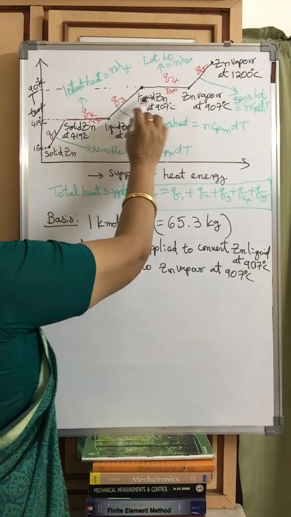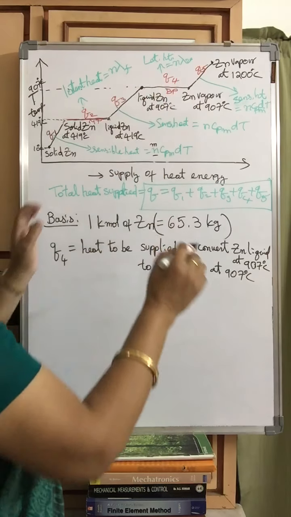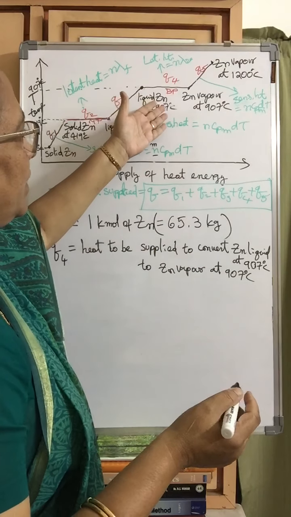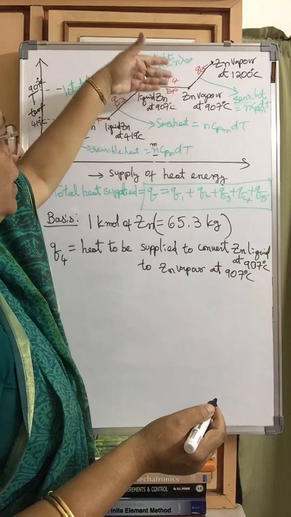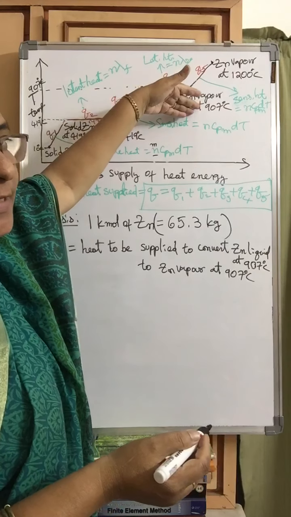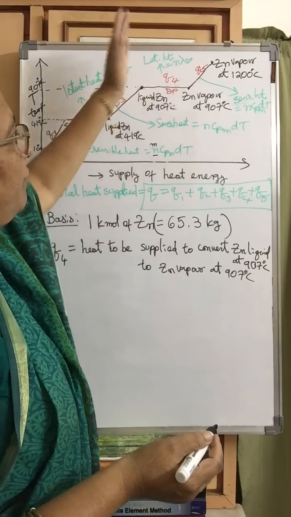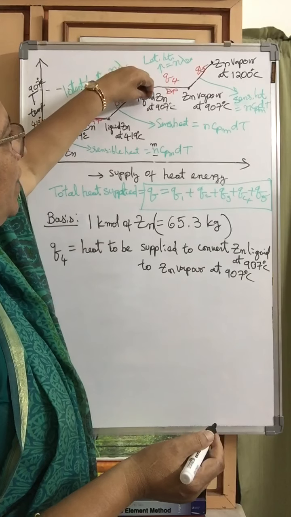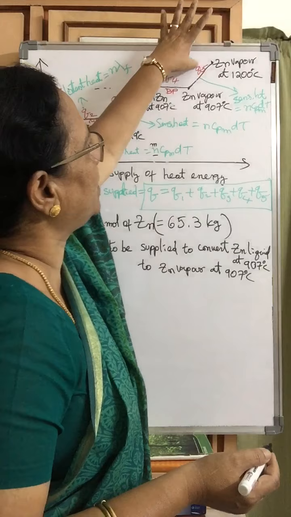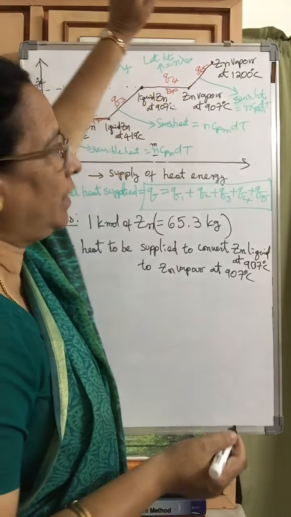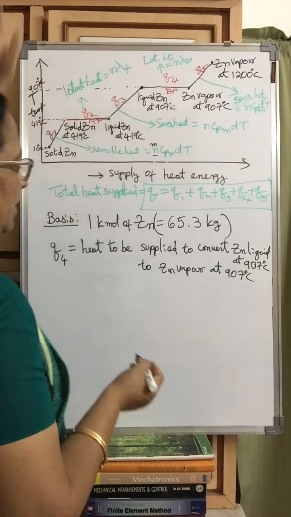Whatever heat we are supplying will be used only to convert from liquid form to vapor form. That is why the thermometer will not show any rise in temperature. After the liquid is completely converted to vapor, then again the temperature will start rising. Then again sensible heat.